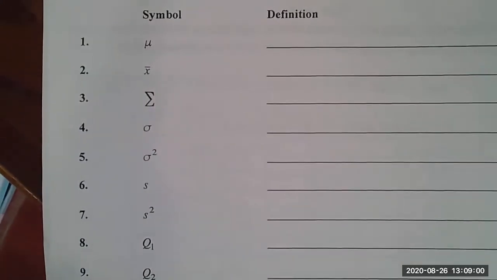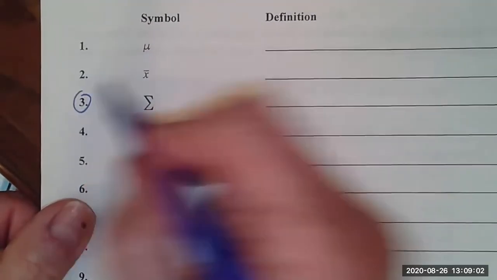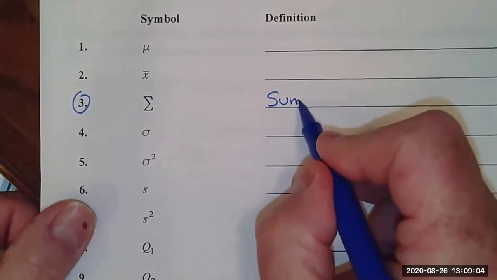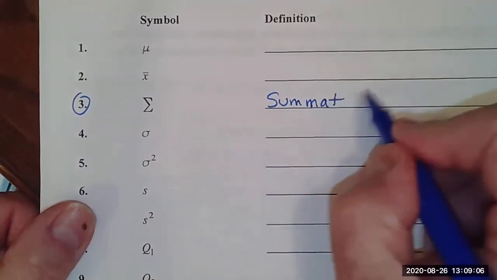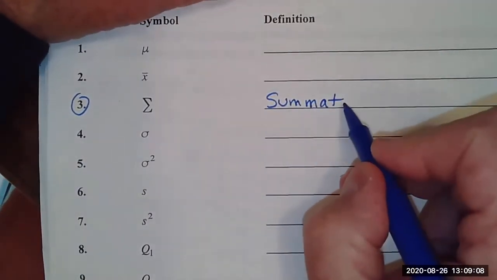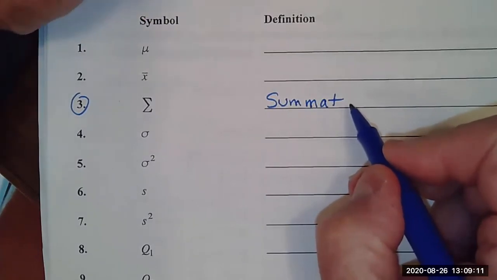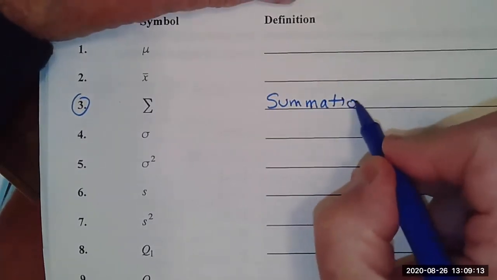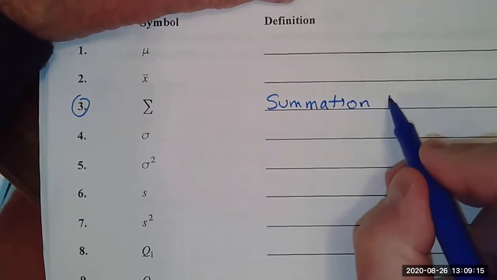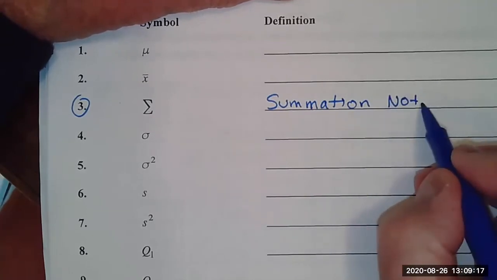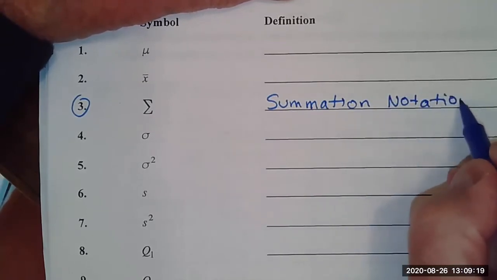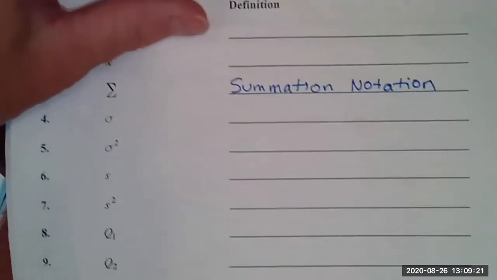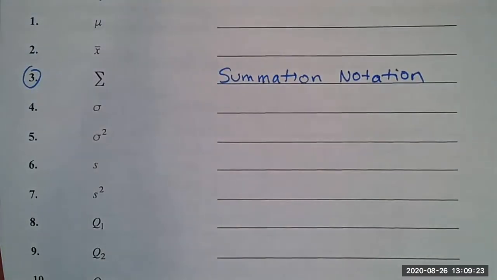So this one here has to be summation. If you just say summation, that's not good enough. If you said sum as or sum of, it's not good enough. It has to be word for word summation notation. No, it doesn't have to be capitalized. On occasions, rare occasions, I'll put on your multiple choice version, pick the right symbol for summation notation.